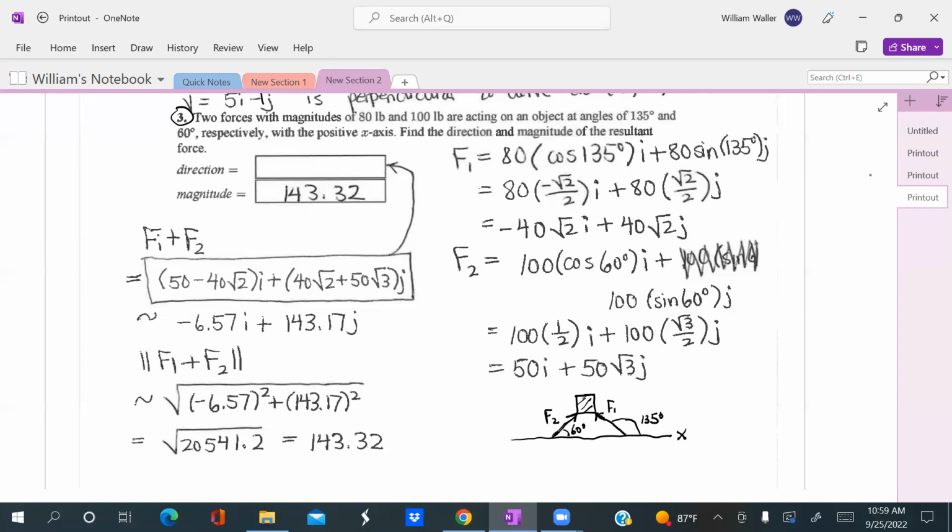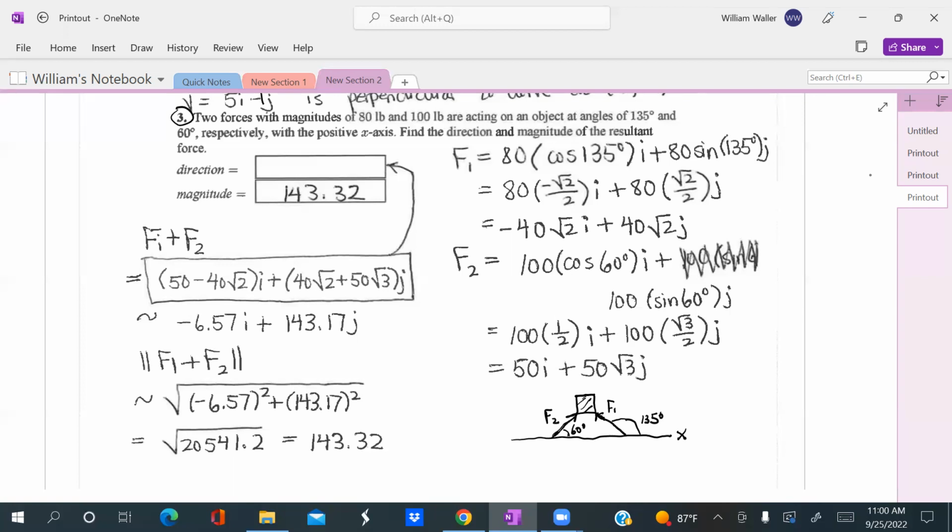And now we'll do exactly the same thing for the second force. Take its magnitude, which is going to be 100, because that's the amount of force, times the cosine of 60, which is its direction angle, as we were told, times i plus 100 times the sine of 60 degrees times j. And then you just have to compute cosine of 60 and sine of 60.